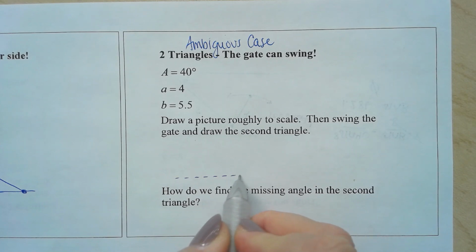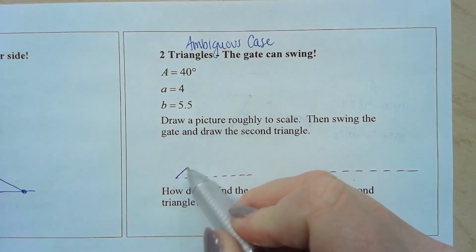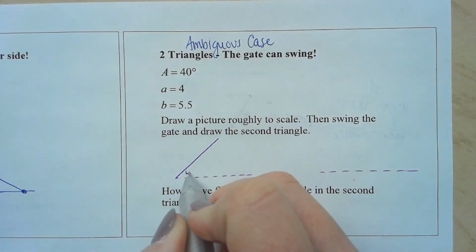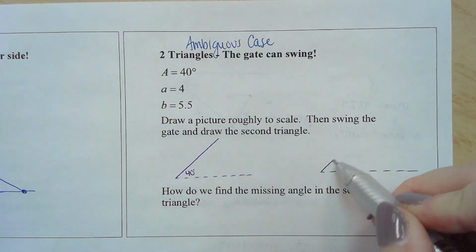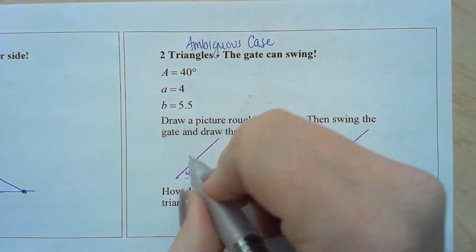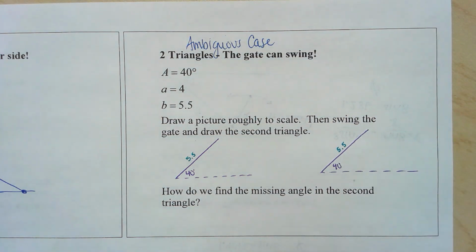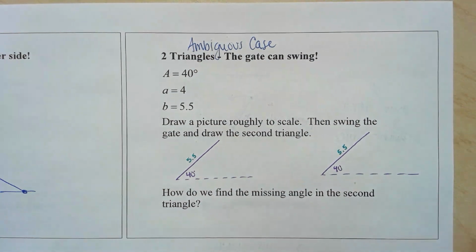So I'm going to kind of draw what we have here. Here's the ground. Here's my 40-degree angle. Let's see, this side is 5.5 and my gate is 4. I'm going to use red for my gate here.